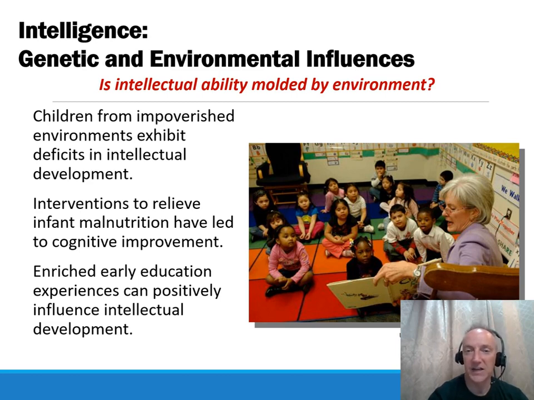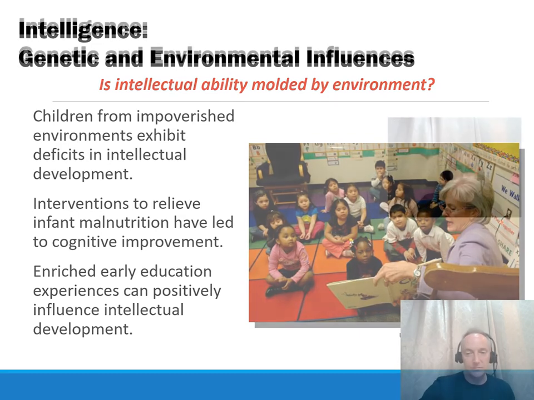So if we take kids that are at risk because they're from poor environments, they've had certain risk factors like single parents, malnutrition, something, and we get them into school really early, and we start exposing them to things and reading them a lot and giving them healthy school lunches, we see that their intelligence grows, that it definitely has an impact.